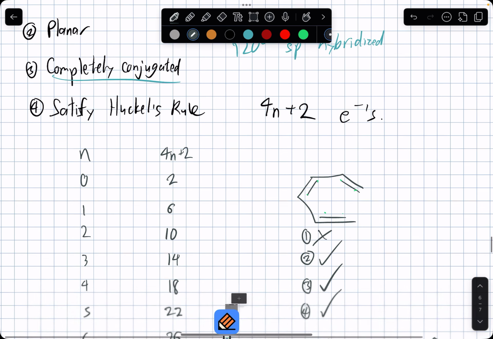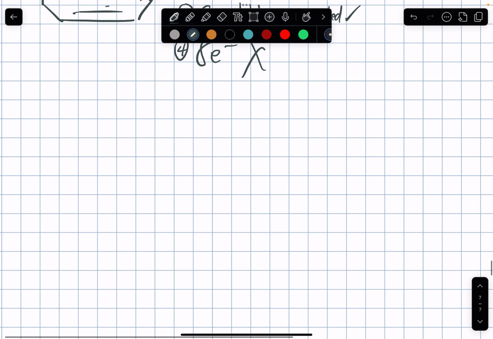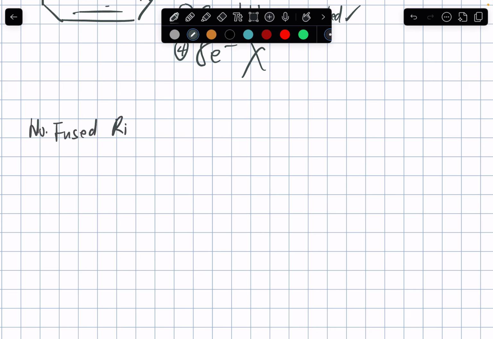Another thing. When it comes to resonance structures, basically of fused ring aromatics, as the number of fused rings increases, the number of resonance structures increases.